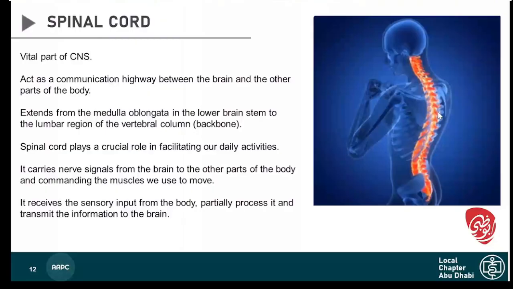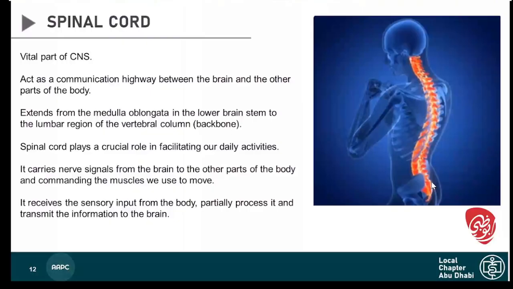The cervical region has an inward curve. This is called lordosis, and the thoracic region has an outward curve, that is kyphosis. Again, the lumbar region has an inward curve, that is lumbar lordosis, and the sacral region has an outward curve, that is sacral kyphosis.